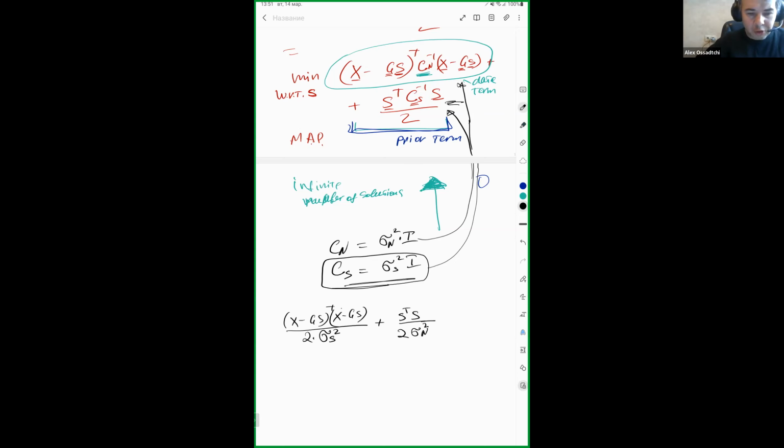Because C_S is identity, its inverse is 1 over sigma squared times identity.